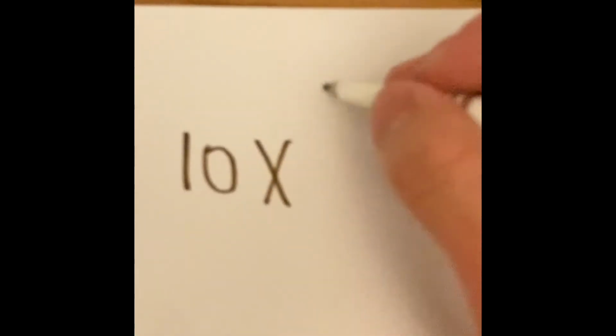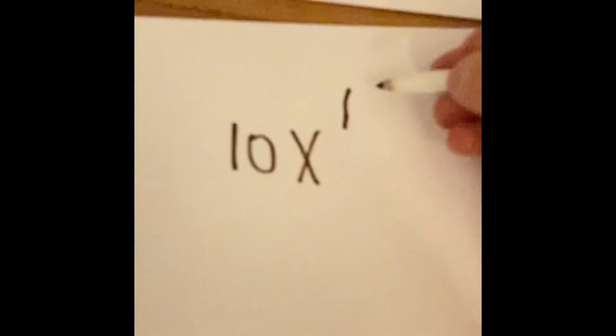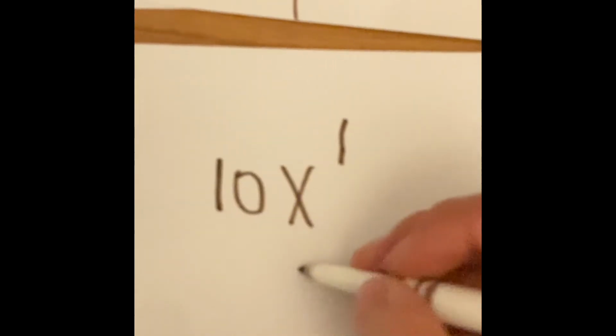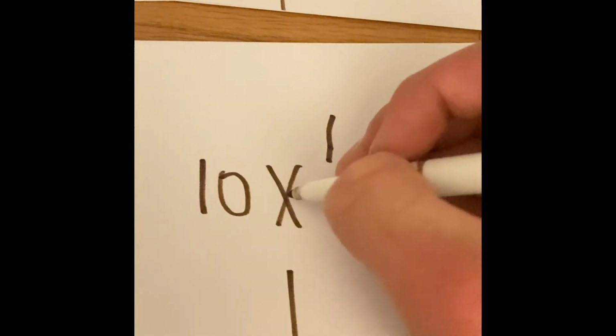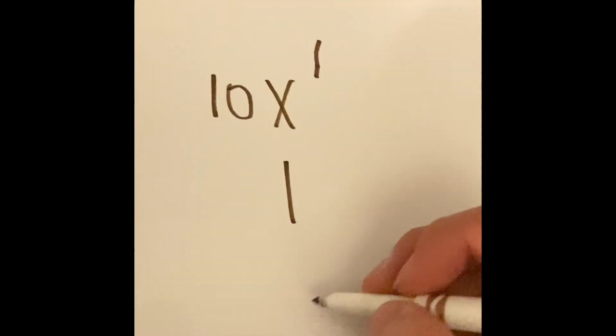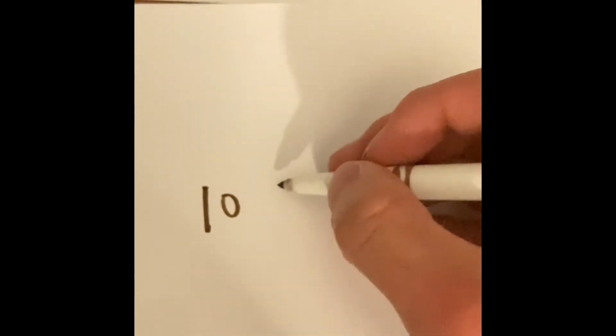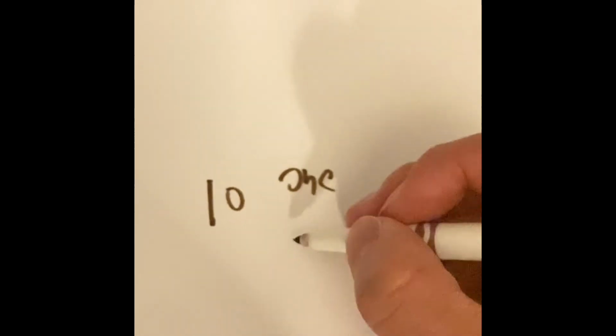What we're going to do is write x and 1 right here. So 10x to the power of 1. What we can do is put 1 in for x. And we have 1 to the power of 1. So that is 1. So 10 multiplied by 1 is just 10. So that's why we can say that this is 1 term.